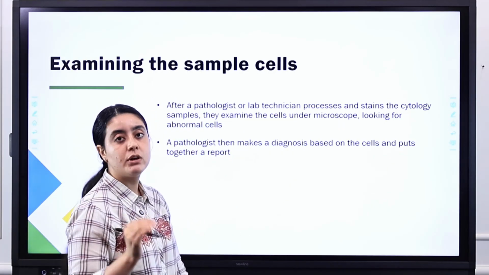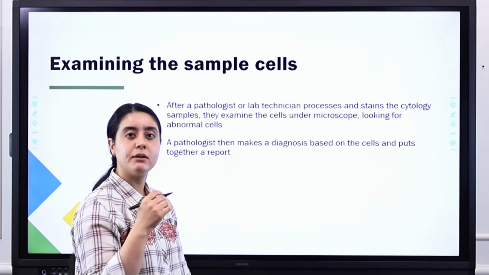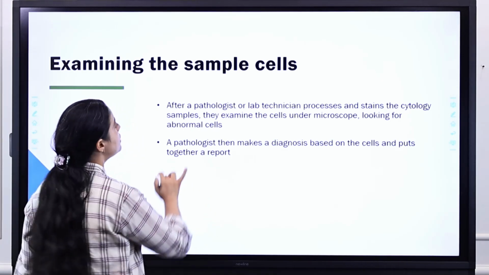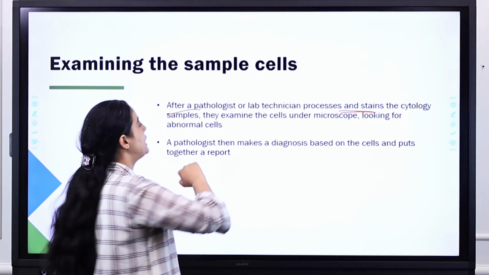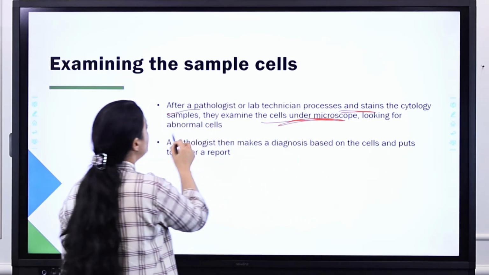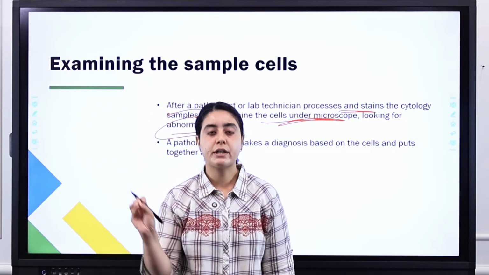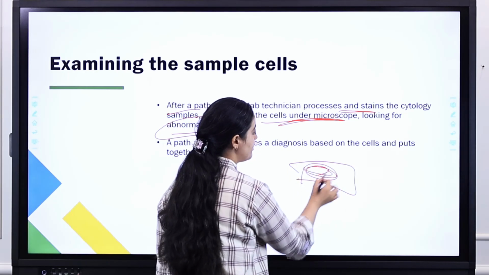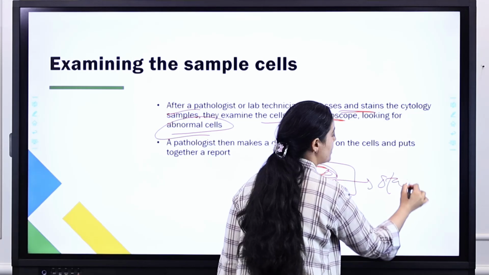Now, what will be the next step? We have collected the samples and we have processed our samples already. Now we have to examine our samples. After a pathologist or lab technician processes and stains the cytology samples, they examine the cells under the microscope, looking for any abnormality. Okay, now our sample is already processed, we have made the slide, we have made the smear, and we are done with staining also.